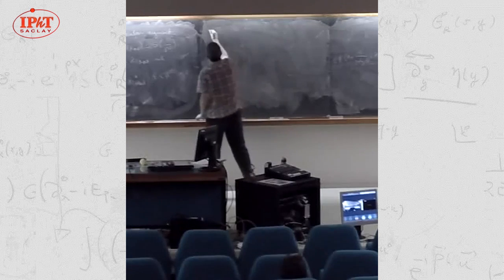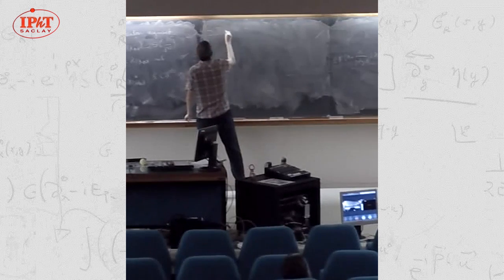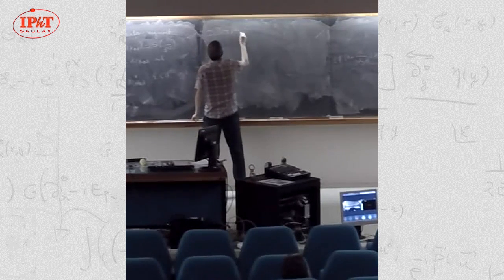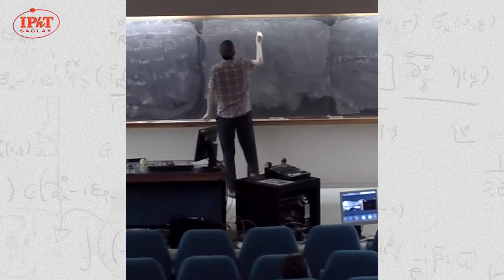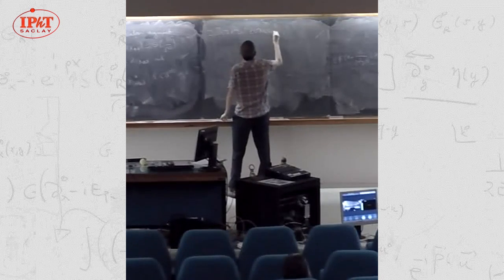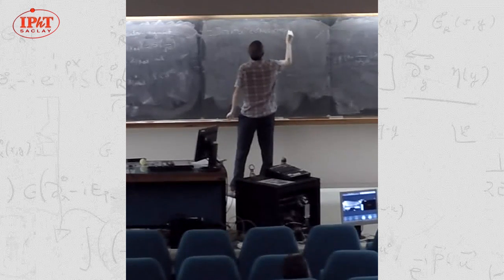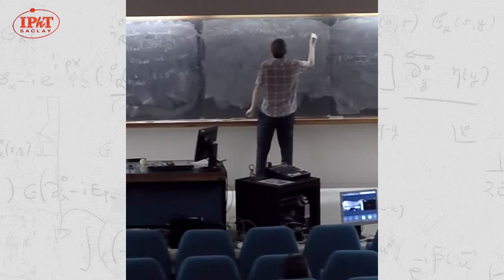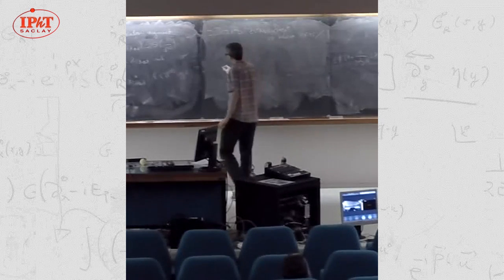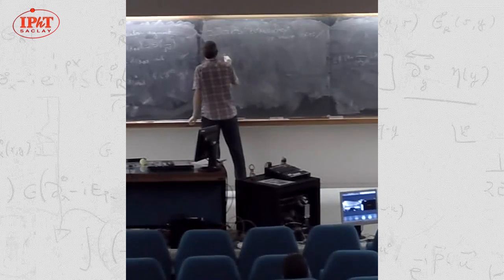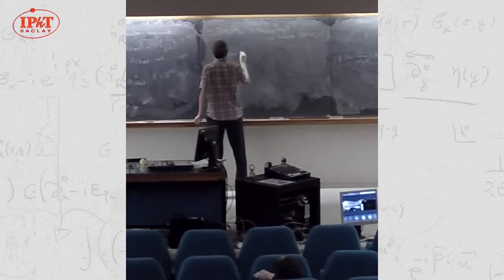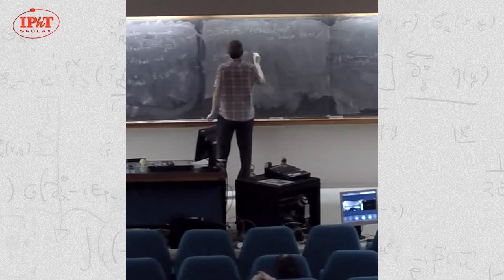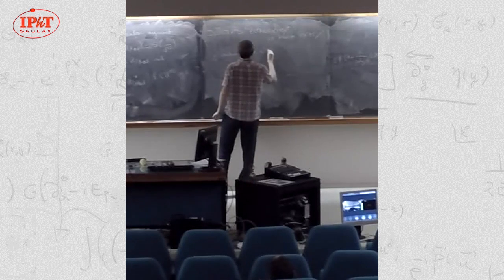So, an illustration for entanglement of random states. Take a random state on C^d tensor C^d.